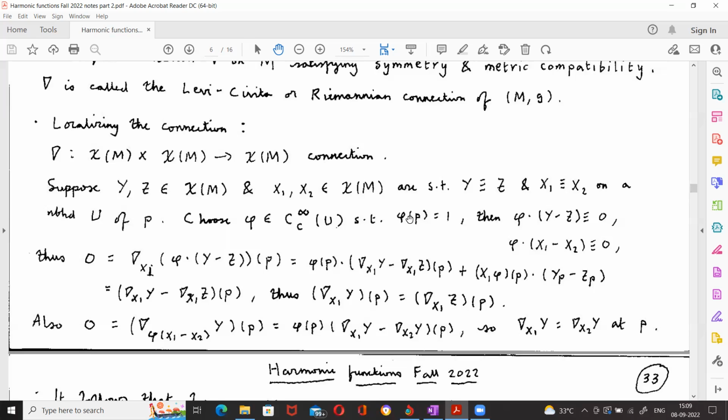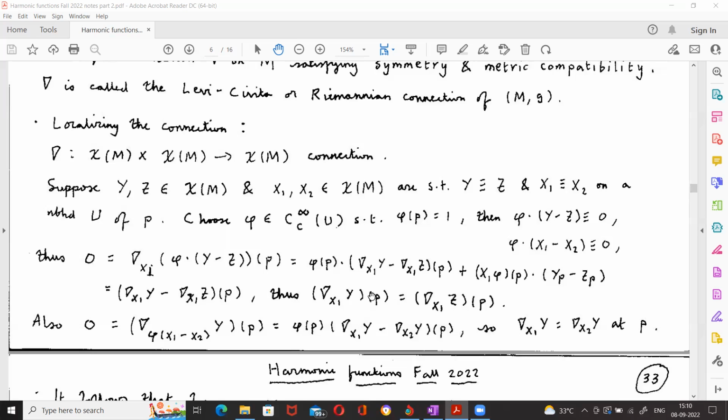Here I've chosen phi so that phi(p) is 1, so this becomes nabla x1 y minus nabla x1 z at p. The second term vanishes because y(p) is equal to z(p). So this is equal to 0, which tells me that nabla x1 y at p is equal to nabla x1 z at p.